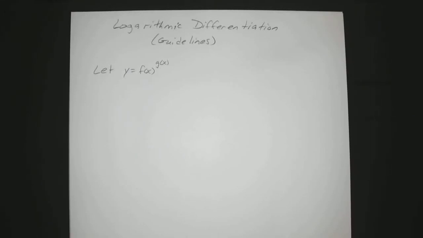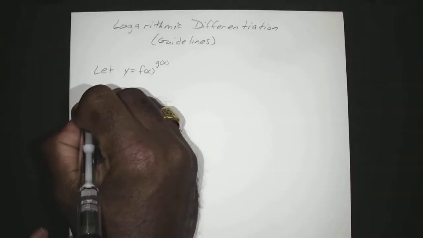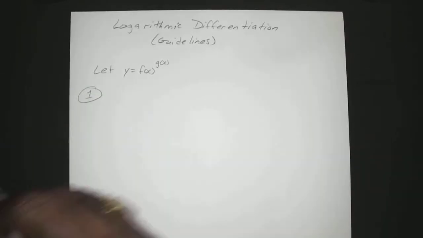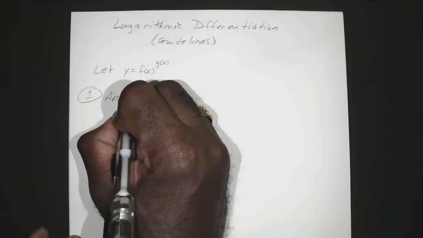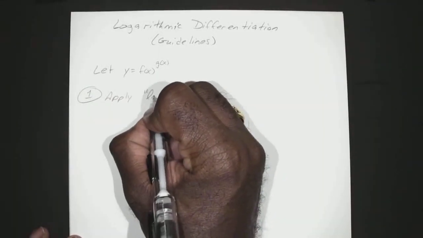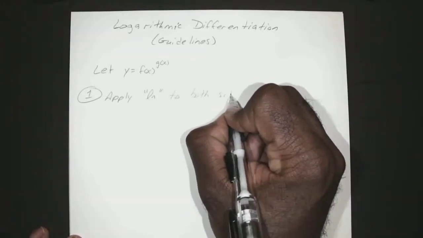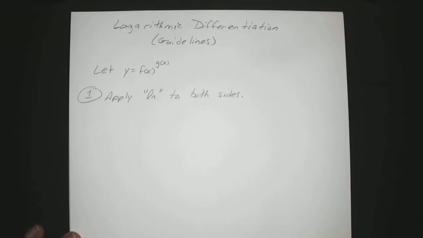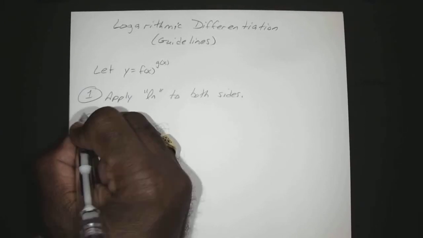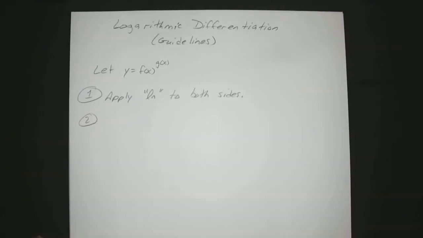Okay. First thing you want to do is apply natural log to both sides. Okay, so your second step, you're going to use the properties of logarithms to expand it as much as possible.